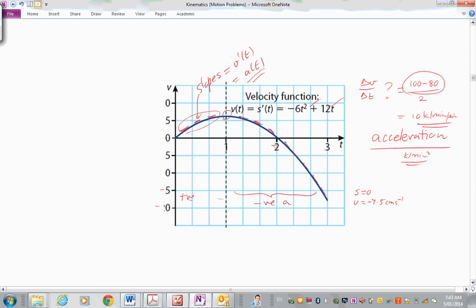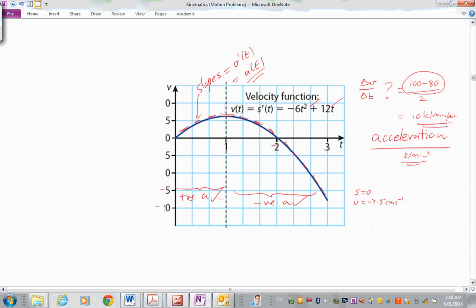We've got positive acceleration here, and then negative acceleration. And here, no acceleration at that turning point. V dash t, the tangent to the velocity graph, would be 0. So that might explain why the body did what it did.